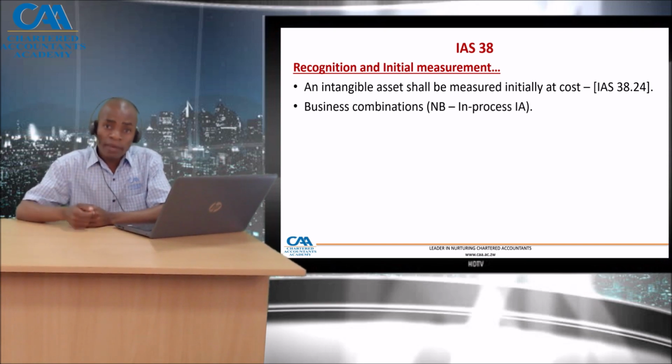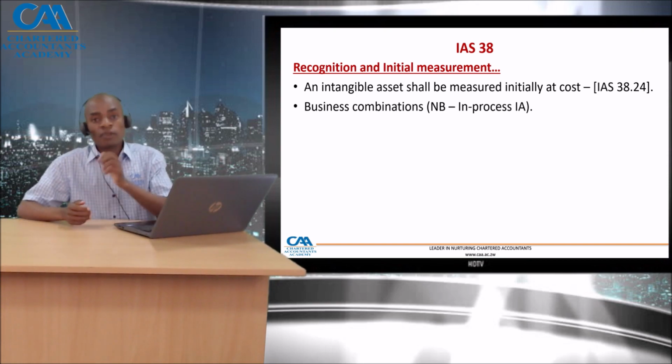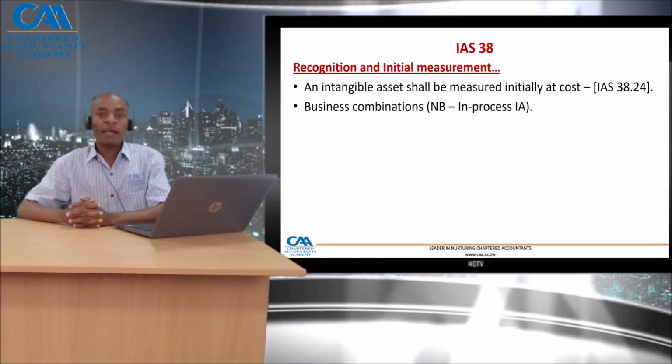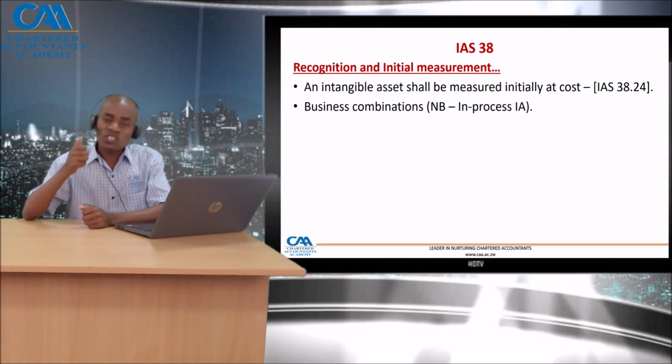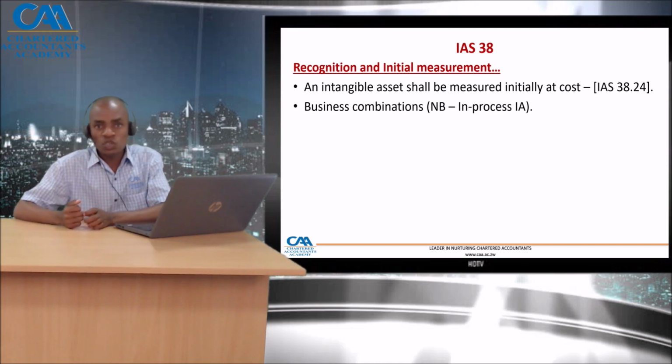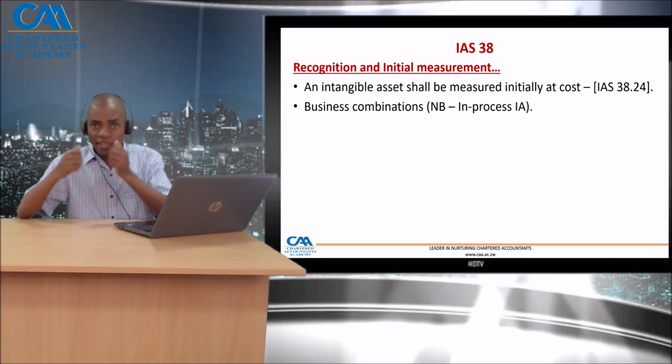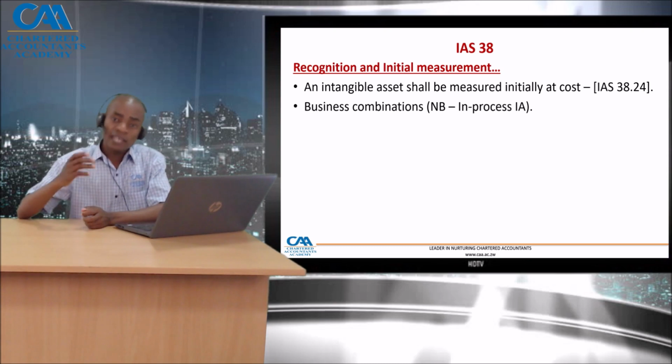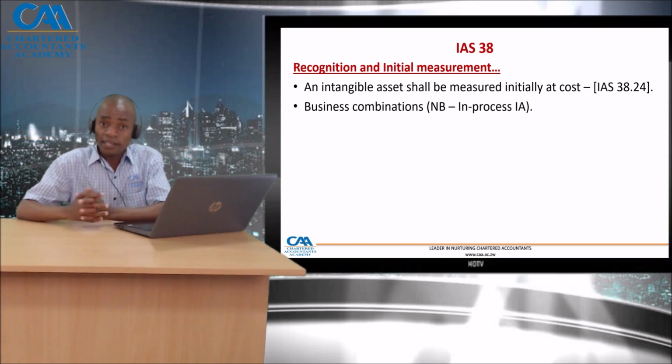Why? If you can go back to my introductory slide, we said IAS 38 is only applicable to intangible assets that are not specifically dealt with in any other standard. And in as far as business combination is concerned, it is dealt with under IFRS 3 as well as IFRS 10.